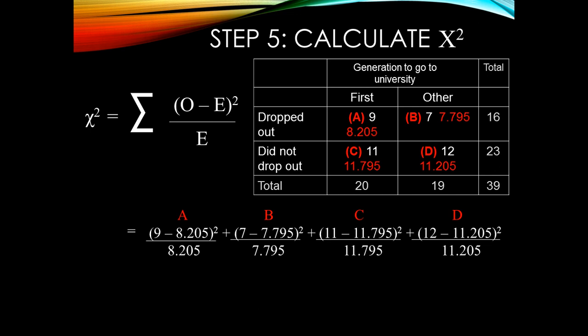So times that by minus 0.795, and that should give us, not that you really should need to pause because you're going to keep getting the same answer again and again, the same answer of 0.632025, which we've gotten for the previous two sums. And then you divide that by 11.795.